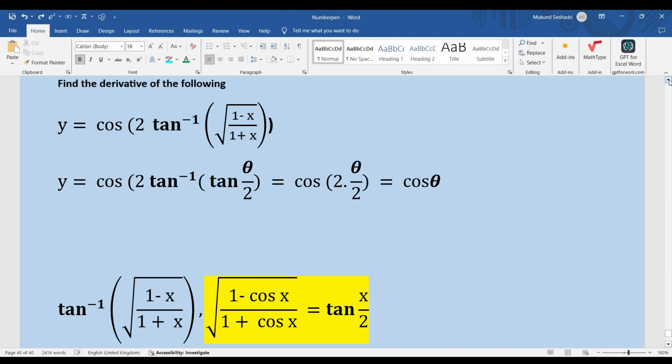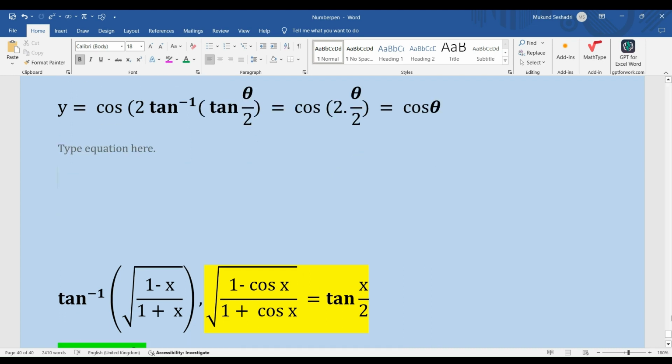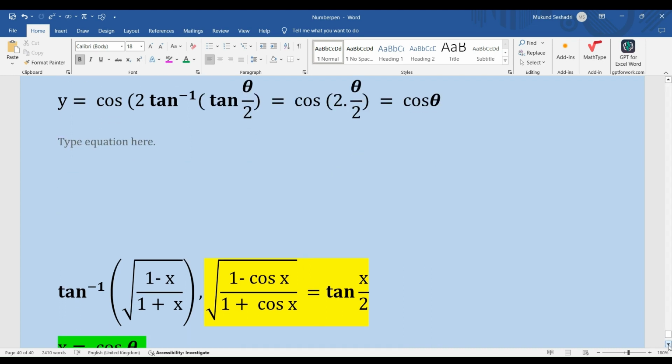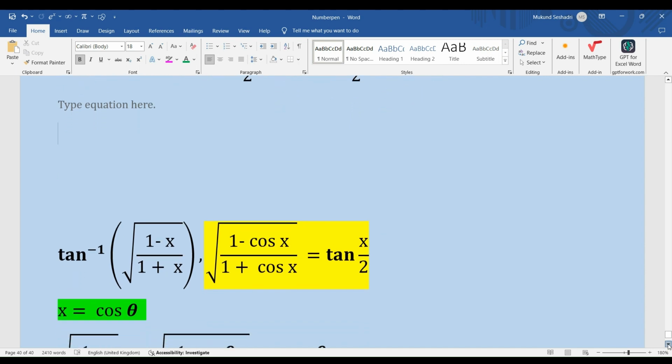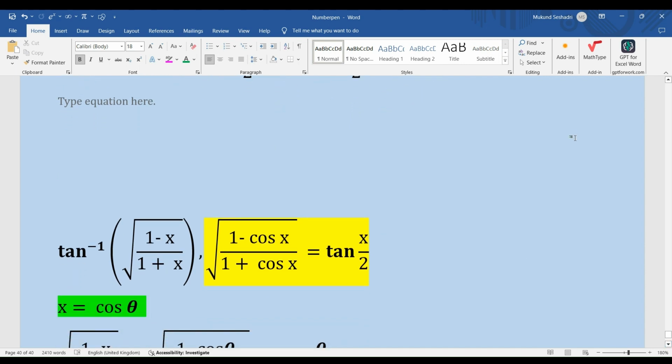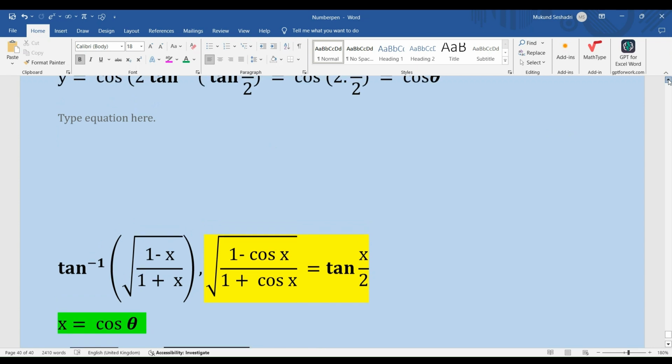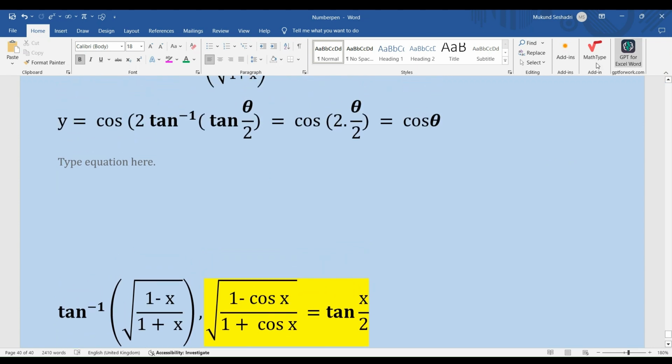So now that we have y equals cos theta, I want to draw your attention to the substitution that we made originally, which is x equals cos theta. So I have now with me y equals cos theta, which means my y is equal to x.